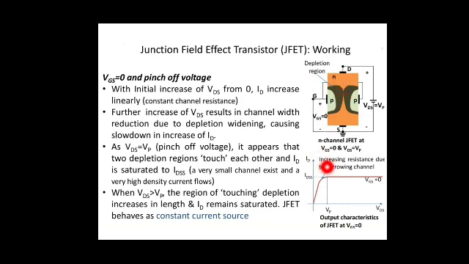Due to that you have non-zero current. Even though pinch off occurs, whenever the electrons come closer to this region, they are moved towards the drain by this depletion region.